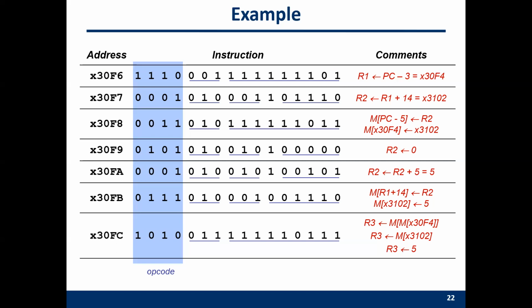After you know the type of this instruction, you can further decode each part. For example, this is a 0101.